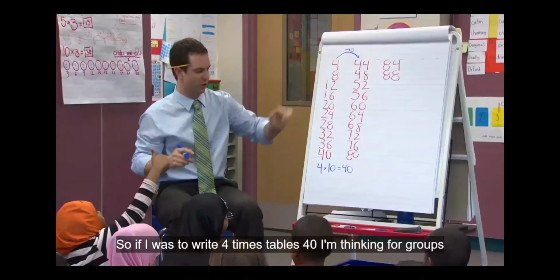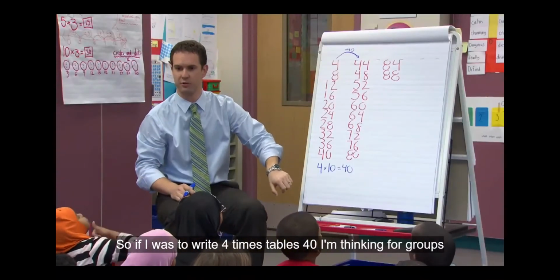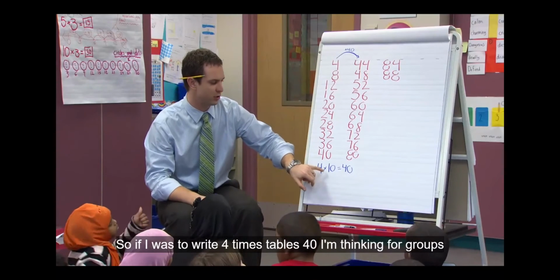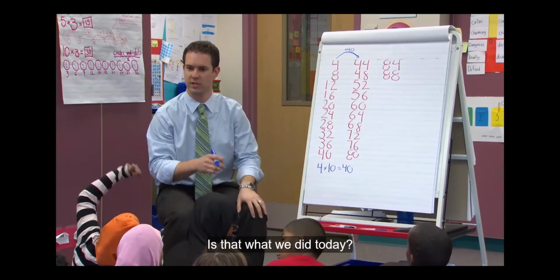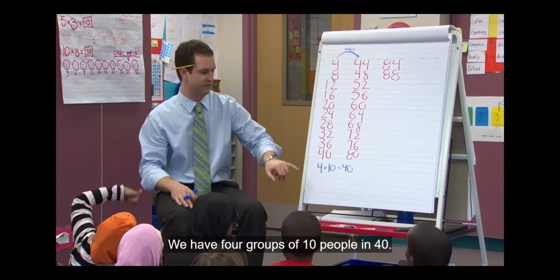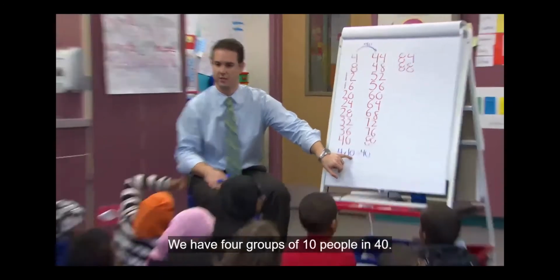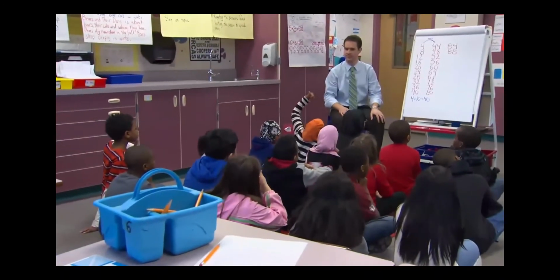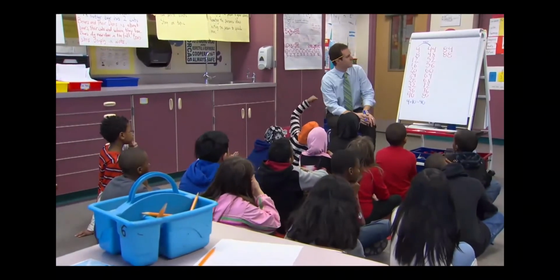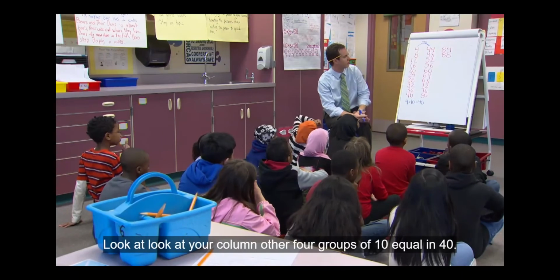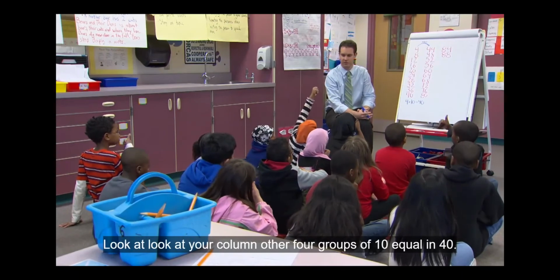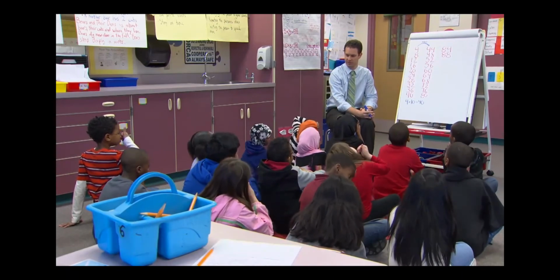Okay. So if I was to write 4 times 10 equals 40, I'm thinking 4 groups of 10 equals 40. Is that what we did today? Do we have 4 groups of 10 equaling 40? Look at your column. Farah?